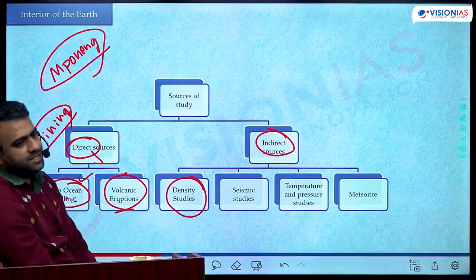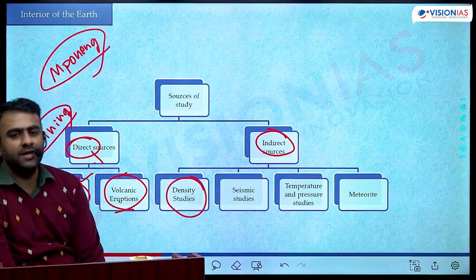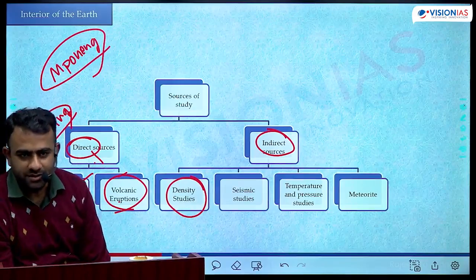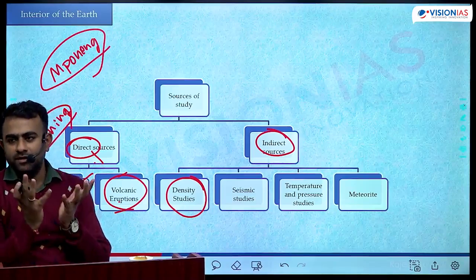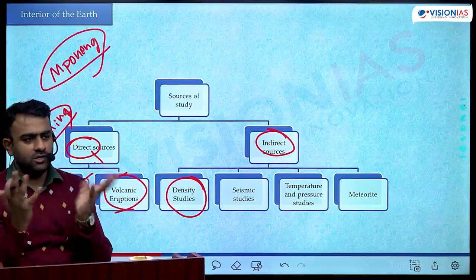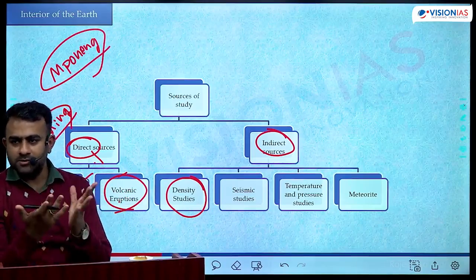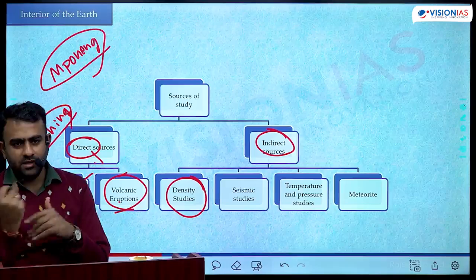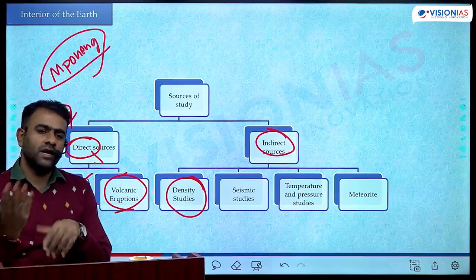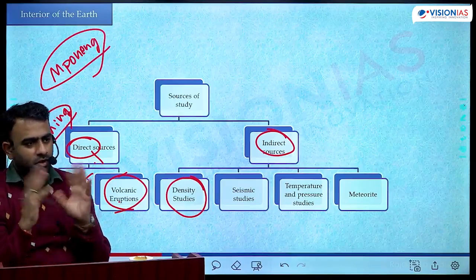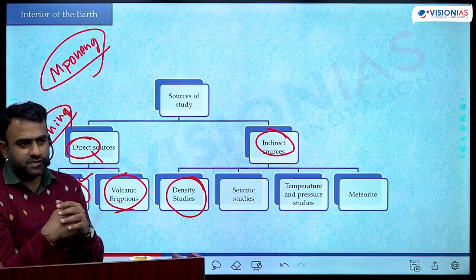First one is density studies. In density studies, we calculate the theoretical density of Earth. There are some theoretical calculations. For example, we know the overall volume of Earth. Okay, overall volume तो पता है, overall mass भी पता है. Mass by volume is density. How did you calculate the mass of the Earth? Using gravity. Volume, you can calculate using curvature.